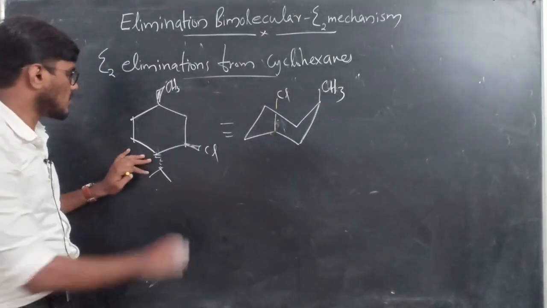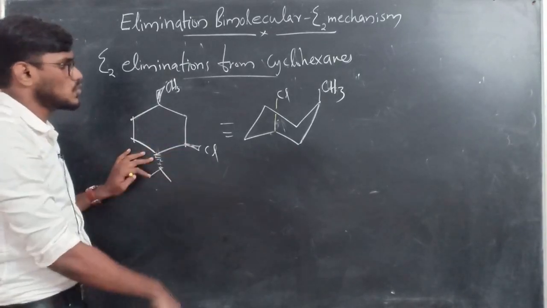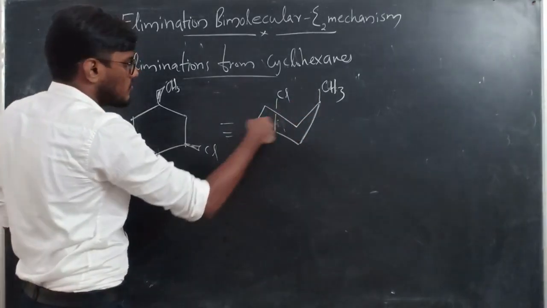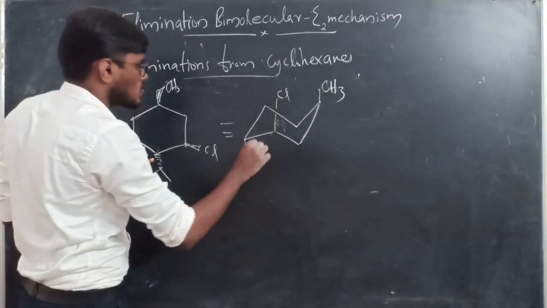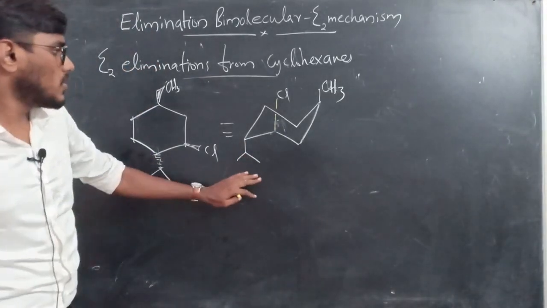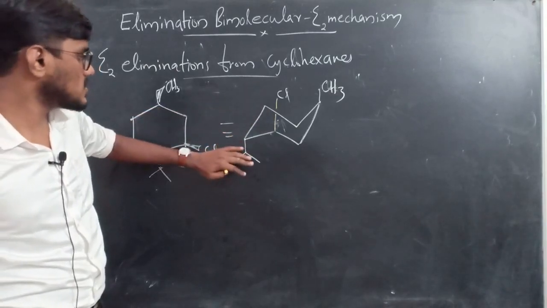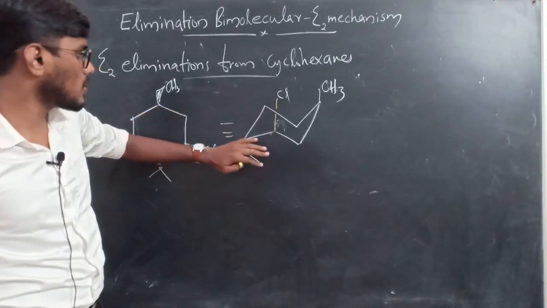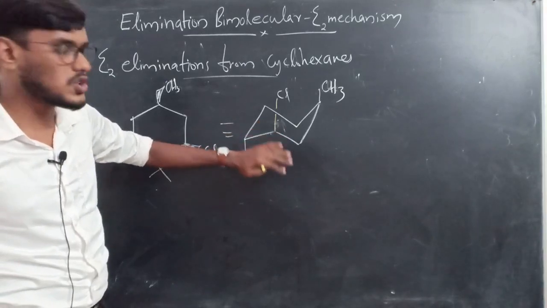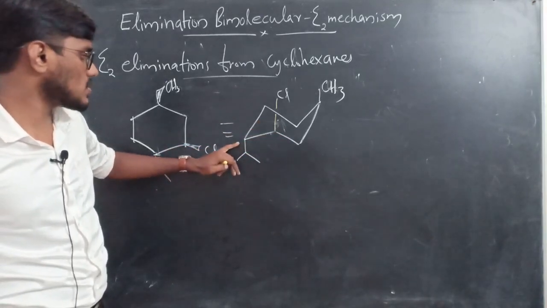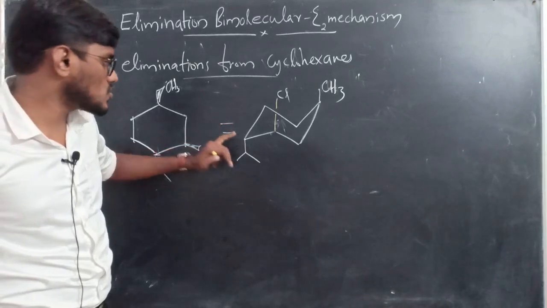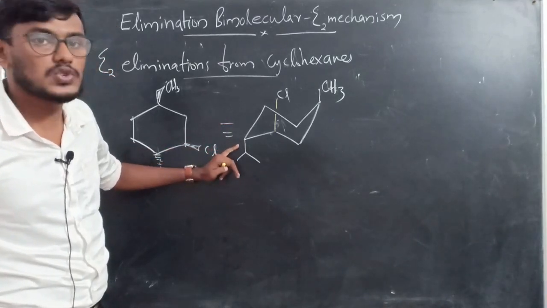This is trans to each other, so 1,4 aa is trans, so the isopropyl group is axial. But this conformer is less stable because the bulkier isopropyl group is in the axial position.